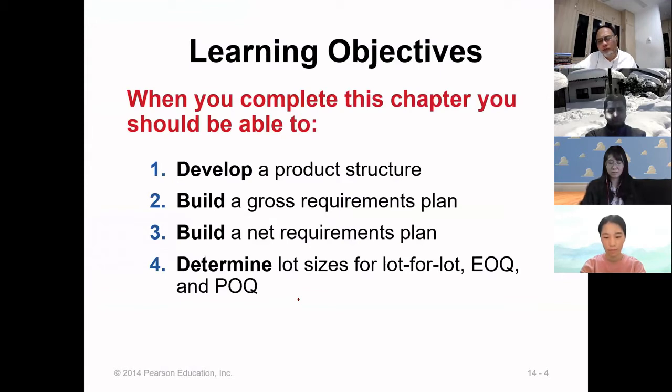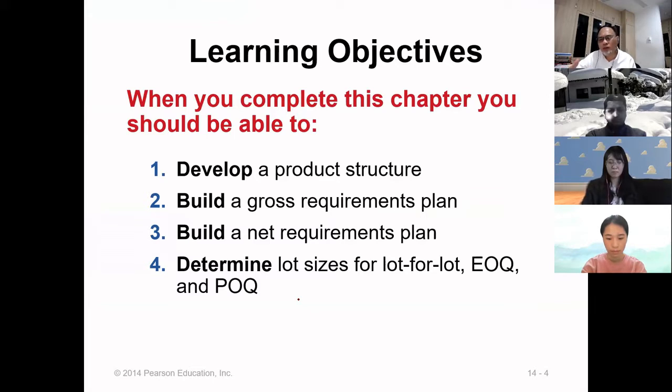So by the end of this chapter, you should be able to develop a product structure. First, we need to have a product structure. For any product, or any food for that matter, when you say product structure, it can be, for example, if you make a burger, a burger will consist of a bun and then the burger patty.